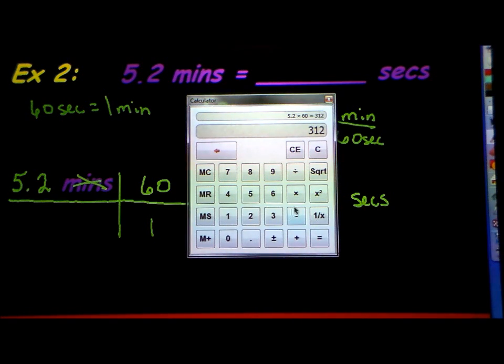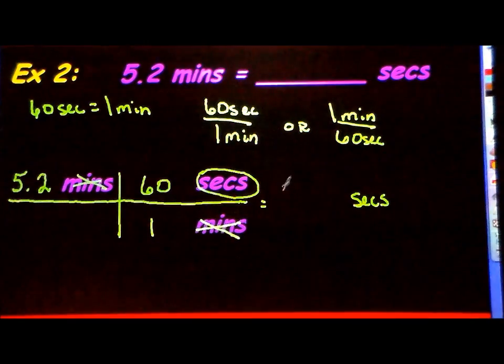I only need 2 sig figs though, because that's what the initial measurement has. So I'm going to draw the line between the 1 and the 2. So it's 312. When I draw the line between the 1 and the 2, it is not going to round the 1 up, so this should be 310.